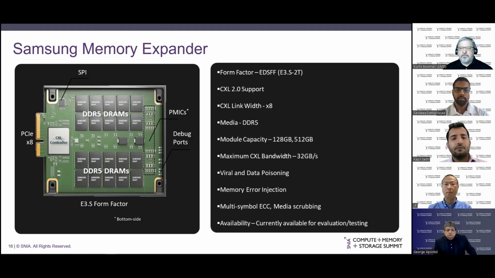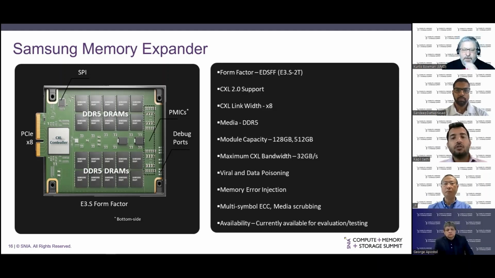In terms of some of the key features of Samsung's CXL Type 3 memory expander device, the new memory expander device comes in EDSFF, namely E3.S 2T form factor. This form factor makes it ideal for next generation high capacity enterprise servers and data centers.